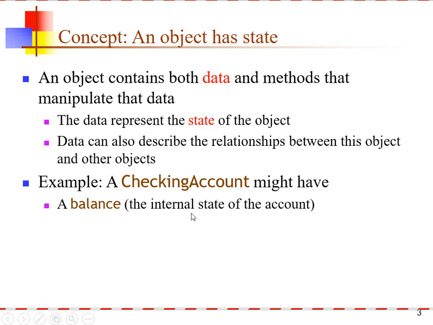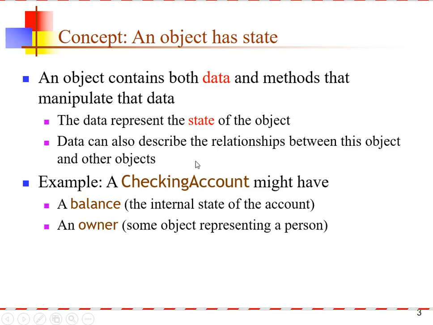So if the status of your account goes into default because you don't have enough money, then that's considered the state of the object. The data can also represent relationships between objects and other objects.